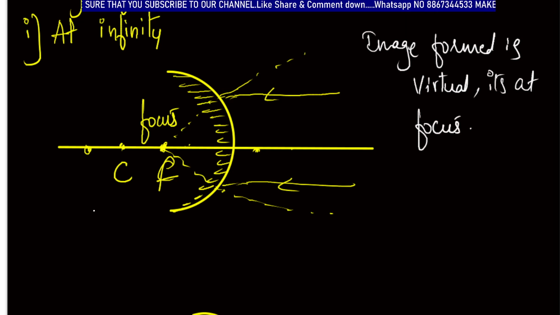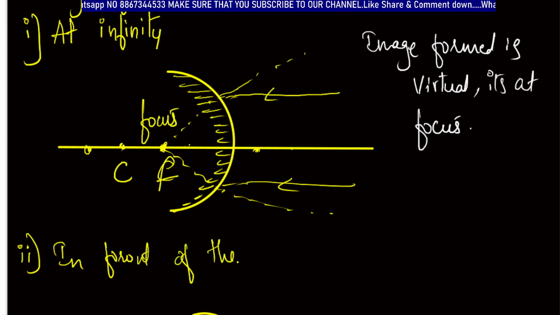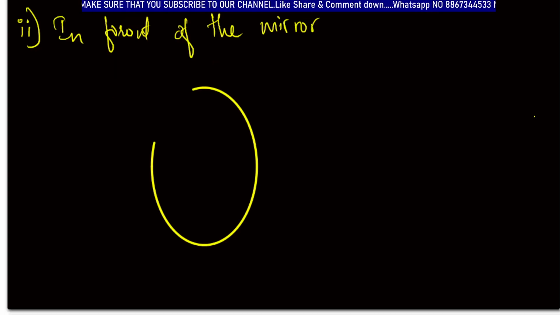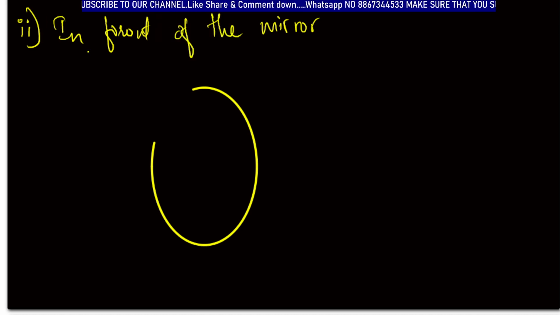The second case is when the object is placed in front of the mirror. So wherever it may be, it just should be in front of the mirror.